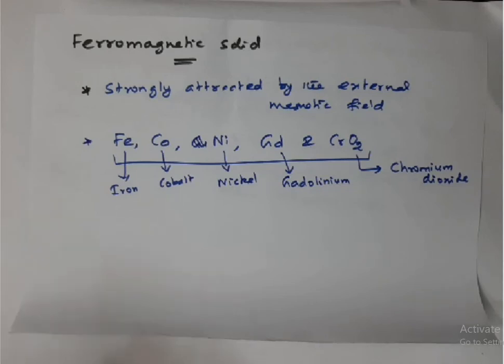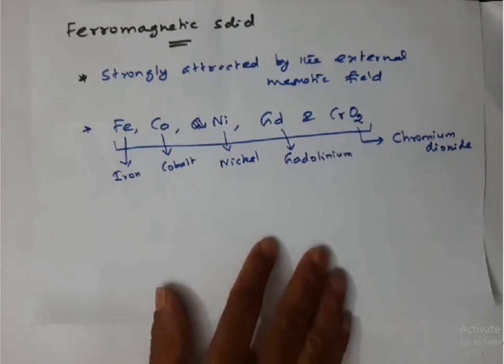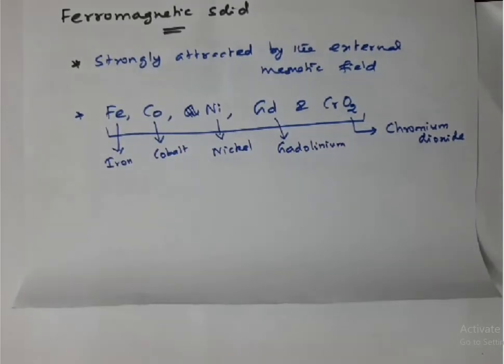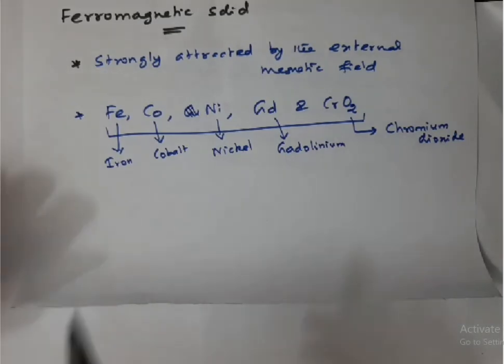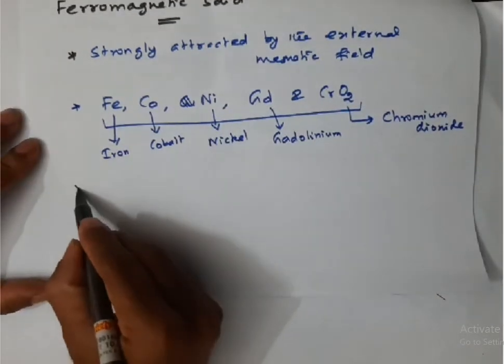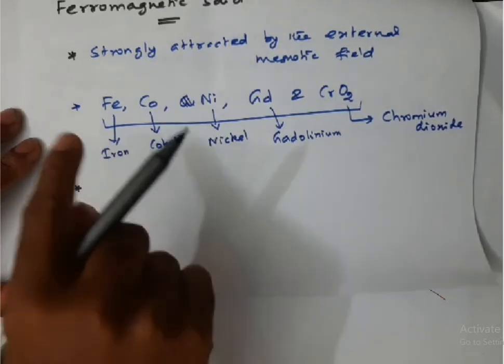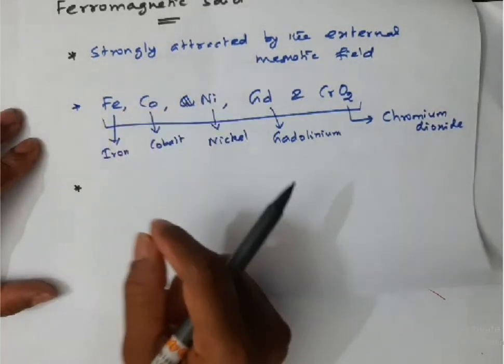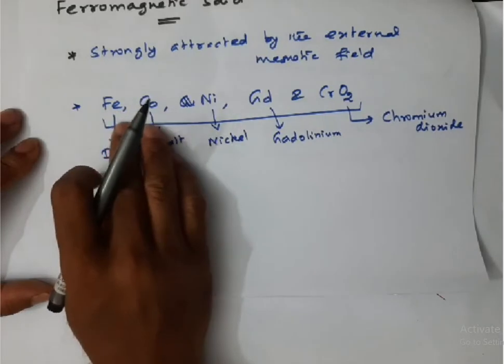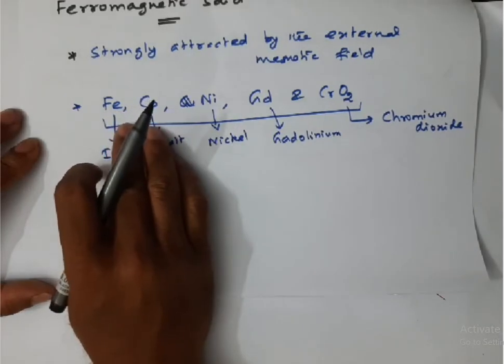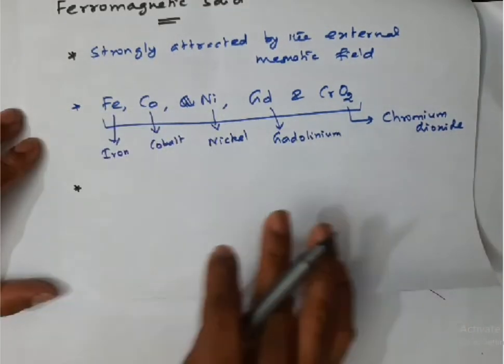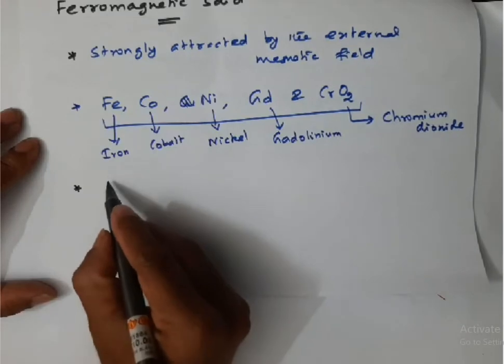Okay, what is the reason for these materials showing ferromagnetic character? The reason is, in these solids, if you take, for example, a piece of iron metal, they have unpaired electrons, no doubt in that.